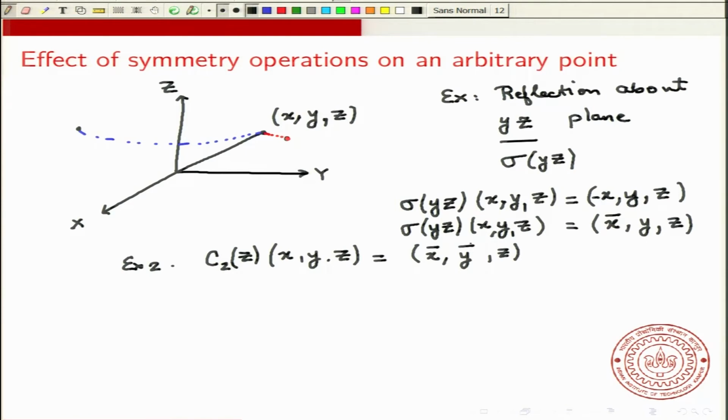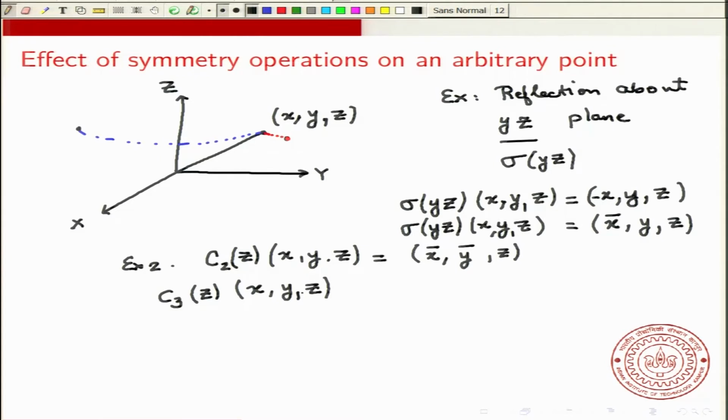Okay. Now, let us take something that is slightly more difficult. Let us consider C3 acting on the point x, y, z, about the C3 axis that is located along the z axis. Okay.